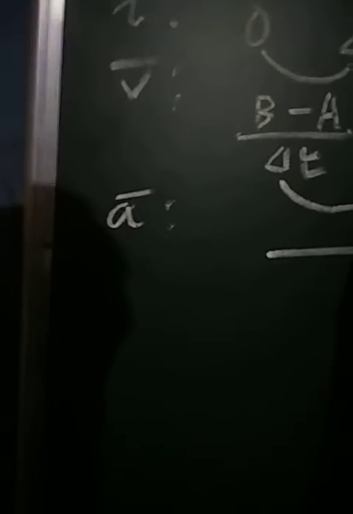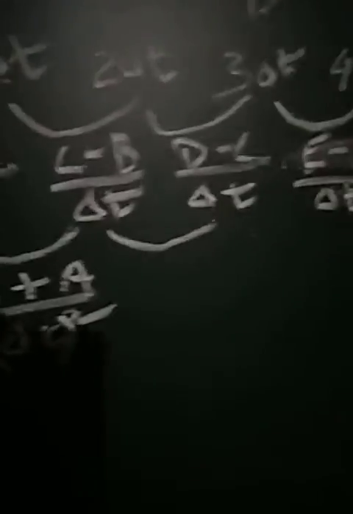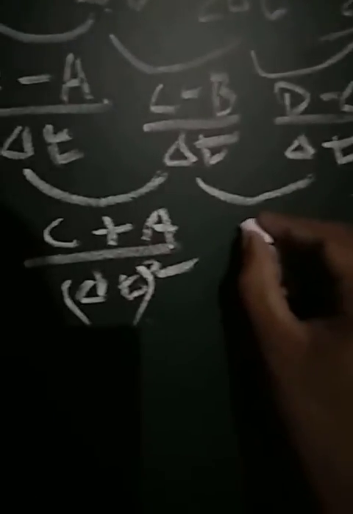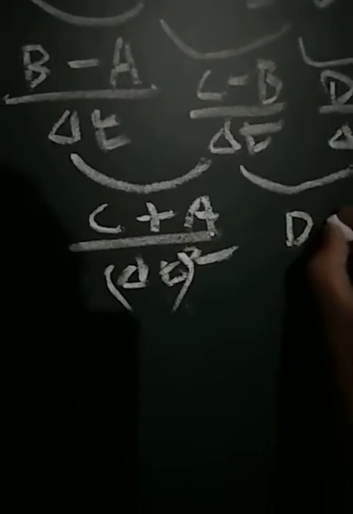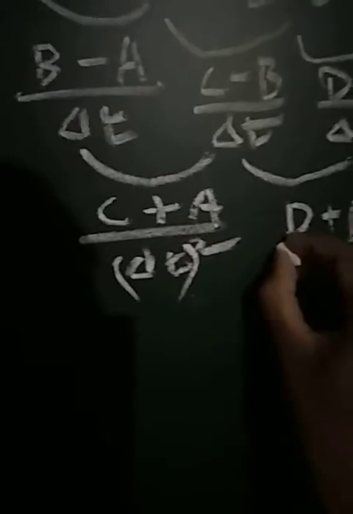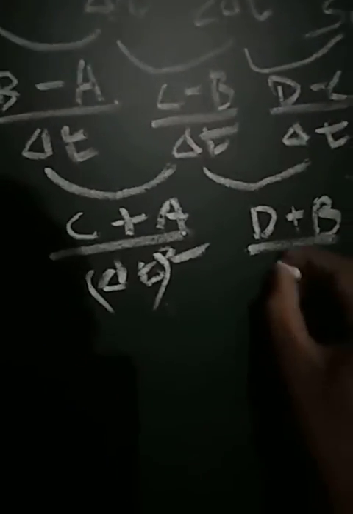Then this gives us C minus 2B plus A by del t square. Okay, now similarly between these two intervals, it will be D minus 2C plus B, that is D minus C minus C minus B by del t square.